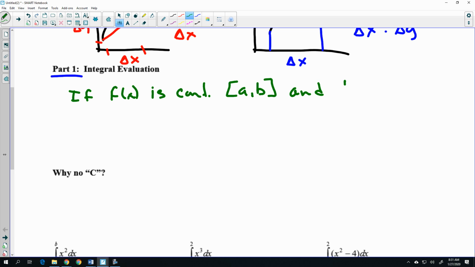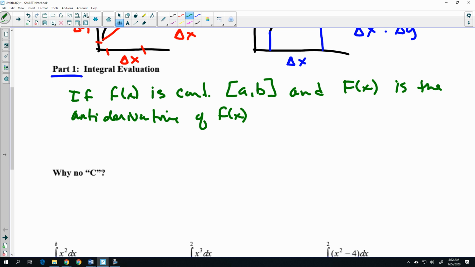And cap F, so we're going to do this lowercase, cap case again, cap F is the antiderivative. Remember, you have to be continuous to take a derivative. So if it's continuous, you can go backward and find the antiderivative. It's the antiderivative of f of x.